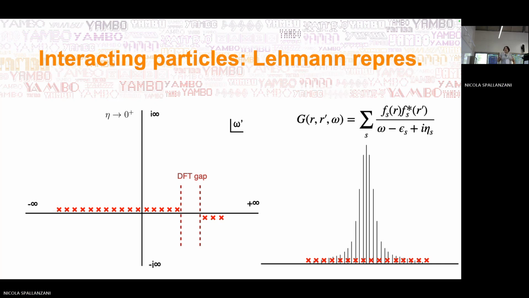This is, however, a little bit difficult to relate with the picture that we are used to. So what can we do? We can see that these poles that are very close together form an envelope that defines a certain structure.